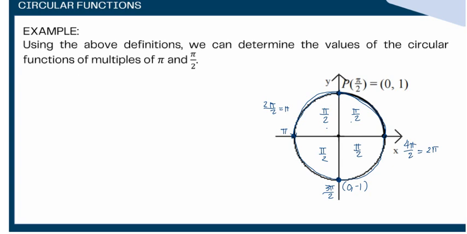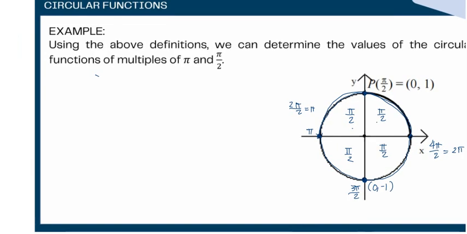Let's try to do yung trigonometric function value niya in terms of pi over 2. And I'll let just you do yung ating 3 pi over 2. Kasi same methodology lang naman sila. So, if we do that, P of pi over 2 is gonna be equal to 0, 1. So, meaning, our sine pi over 2 is just our y value. So, our y value here is 1.